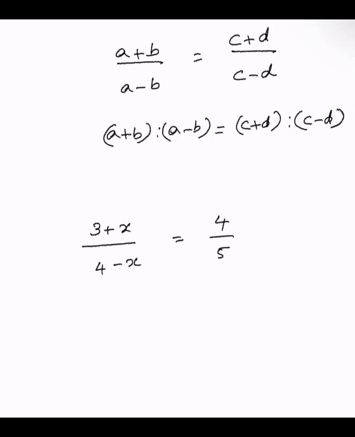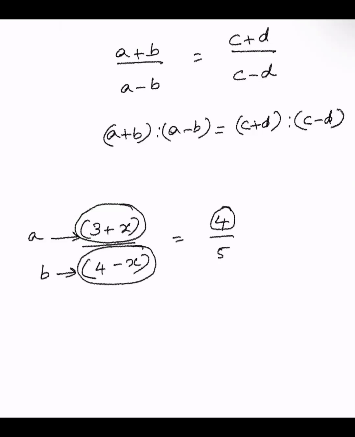This entire thing is A, this entire thing is B. In componendo and dividendo, or any property when you use it, you need to understand that this entire thing is going to be your A and this entire thing is going to be your B. Similarly, this is your C and this is your D. So you understand which is your A, B, C and D.